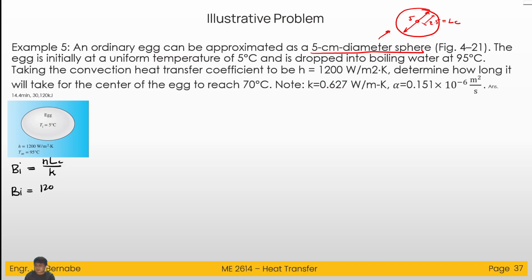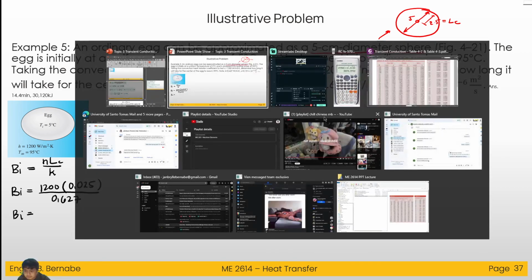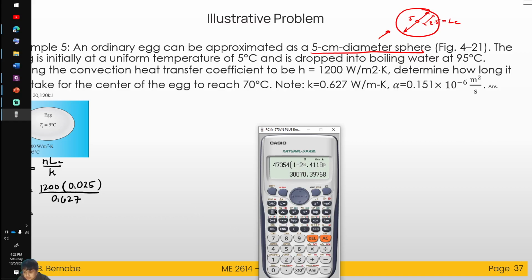So you have 1,200, and then Lc is 0.025 meters, divided by k. K is 0.627. So it will be 1,200 times 0.025 over 0.627.